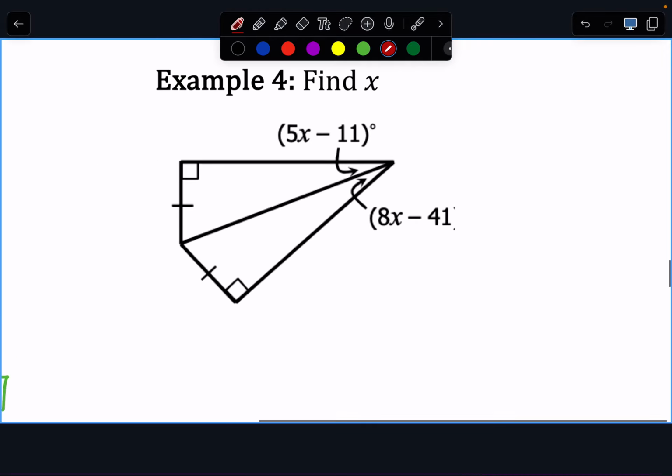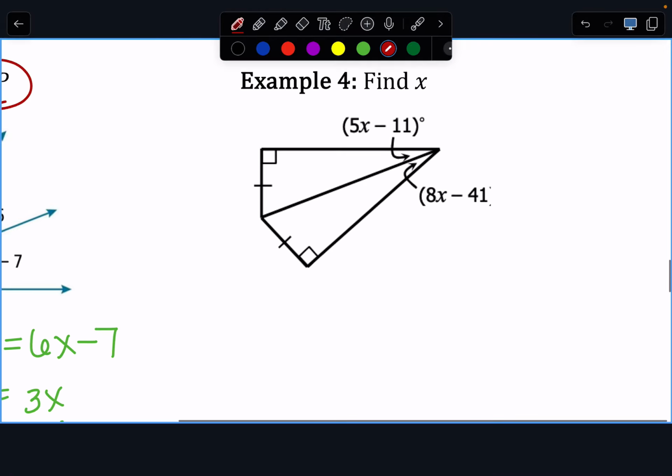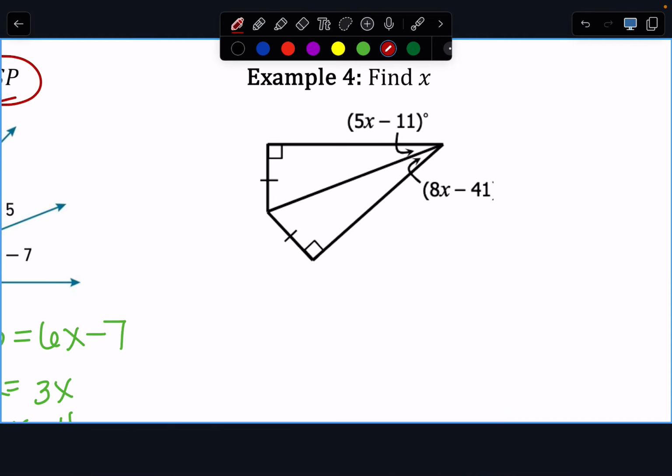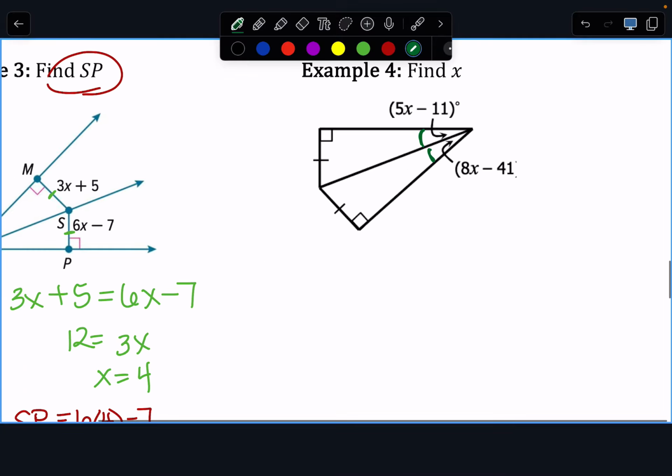Okay, example 4. They're equal. Why? Oh, wait, it's angle side. The angle bisector theorem. Yes, because it's the angle bisector theorem.